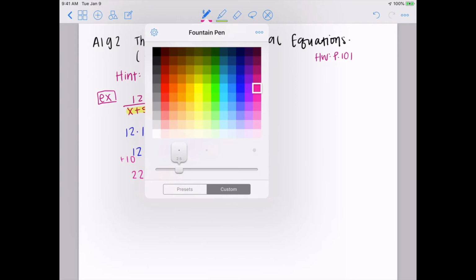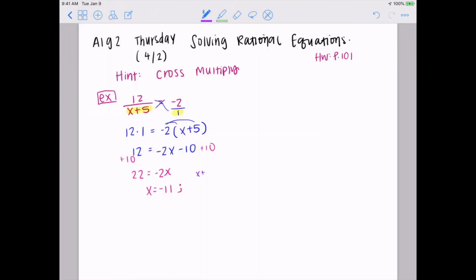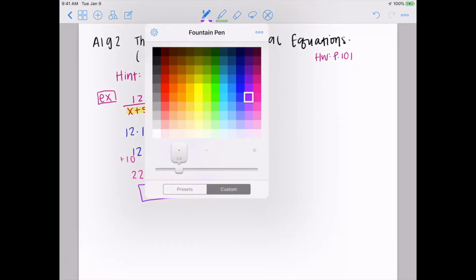So x plus 5, if I set it equal to 0, x would have to be -5, right? So that's why x cannot be -5 in this case. Because if x really equals -5, the denominator is going to be 0, which is undefined. Okay, so that's how you write your answer.